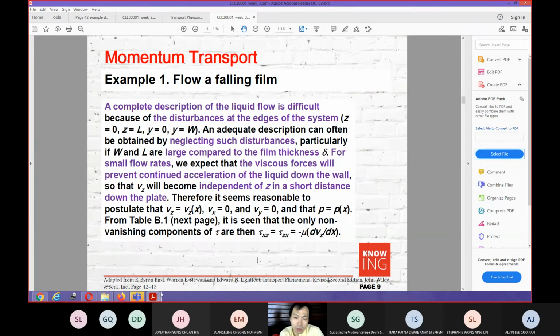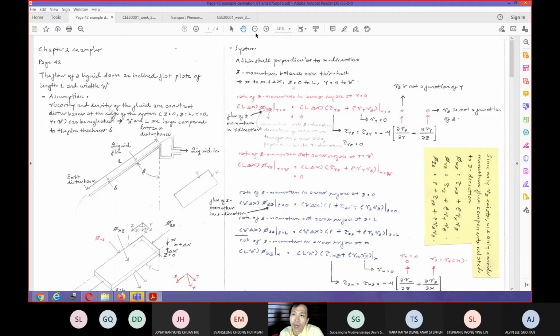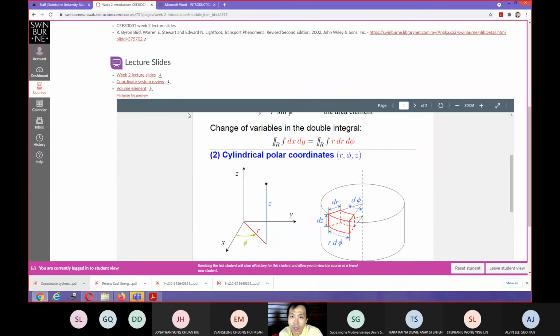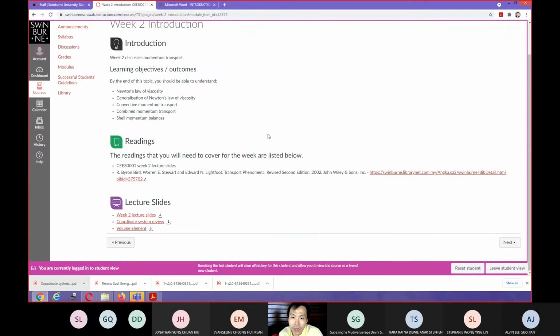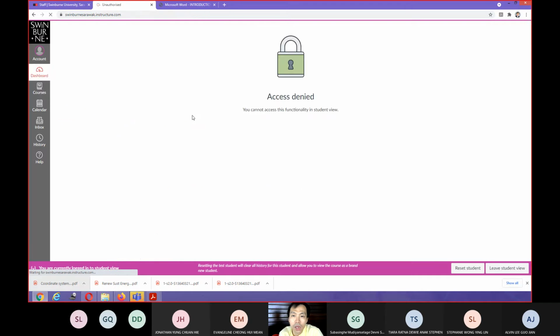I will not use this one, but I will rather use my paper that has been solved in here. I think this one is also given in your Canvas. You can check that this one is given in week 3. I think you have to go into the week 3 example because we are going a little bit more into detail.